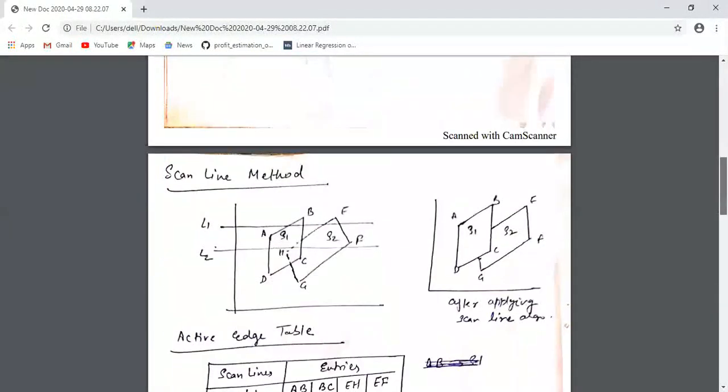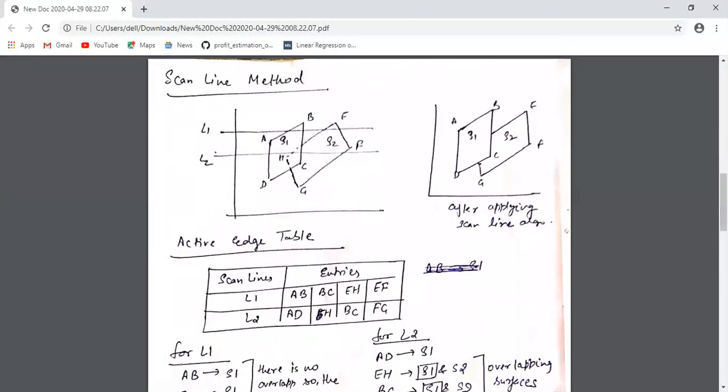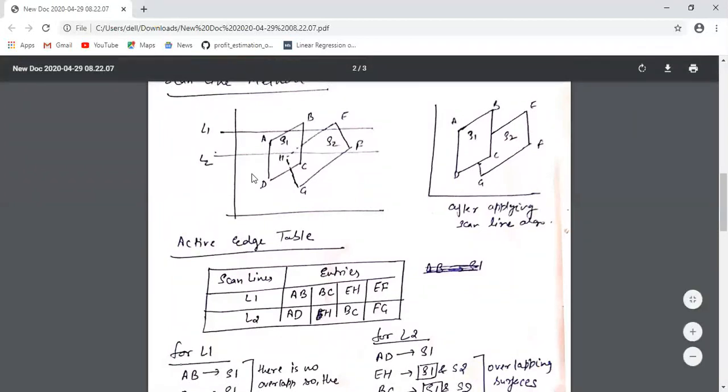So let us see an example of how the scan line method works. These are two polygons, A, B, C, D and E, F, G, H. Now these two polygons are projected like this. These dotted lines show the overlapped area.